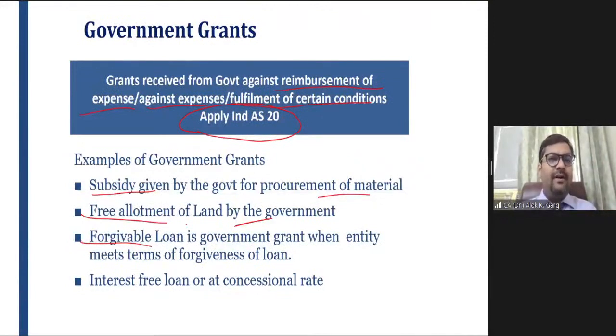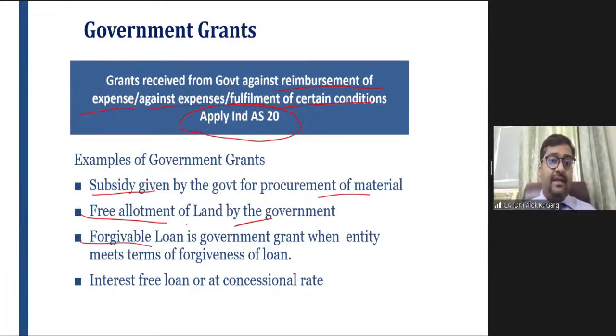You must have heard in the news, the government has waived off the loan to the farmers. If you have gone for the bank audit, then you have seen that the government has waived the loans of this particular set of entities. So forgivable loan means the government will give the loan, and after compliance with certain conditions, the government will forgive the loan. As simple as that.